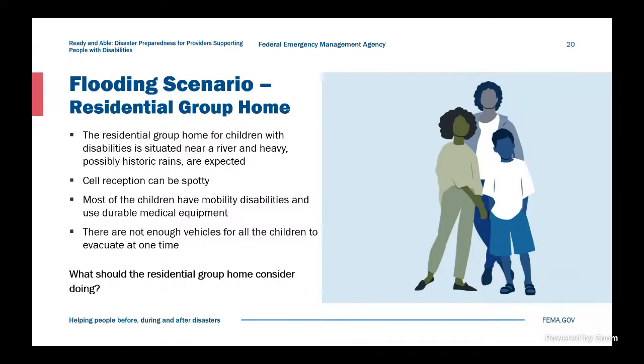Yeah, and if you start evacuating early, not having enough vehicles is workable because you can do multiple trips. So they should also think about where they are going to take these children. If they have more facilities, they could take them to other facilities, or they can have a spot arranged with the local city or other providers that may have room for them.